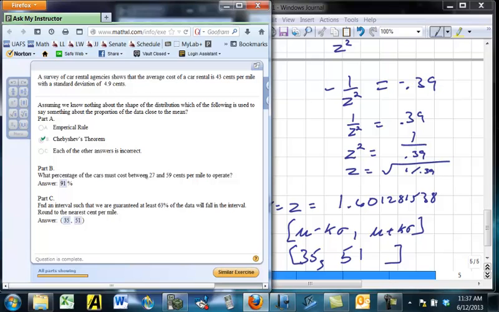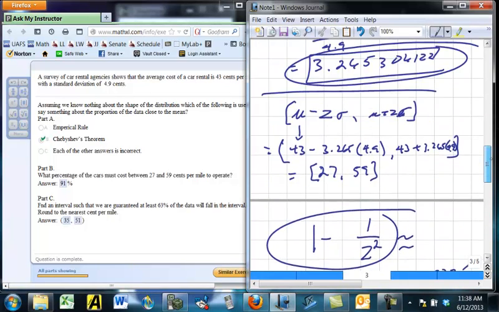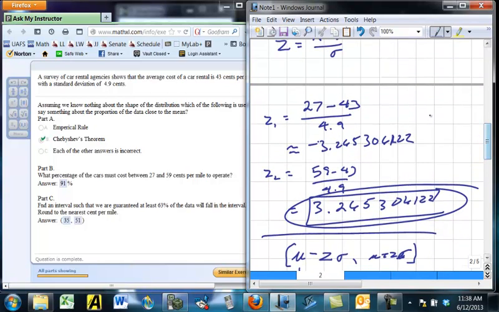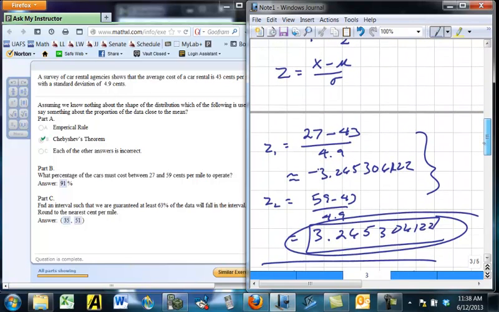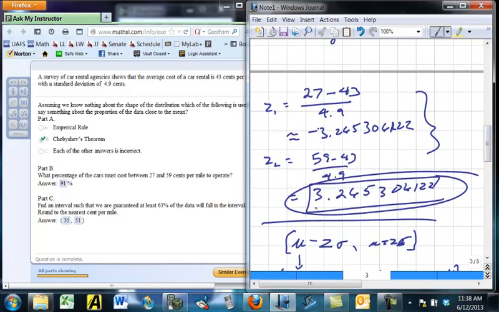So part A was recognizing that since we don't know anything about the distribution, Chebychev's theorem is what we need to use. And part B says we're given an interval like this. We work to find the z-scores of those endpoints, and they turn out to be opposites of each other, right?